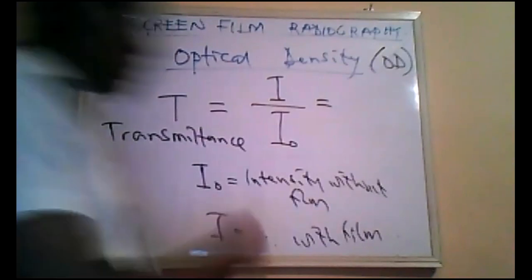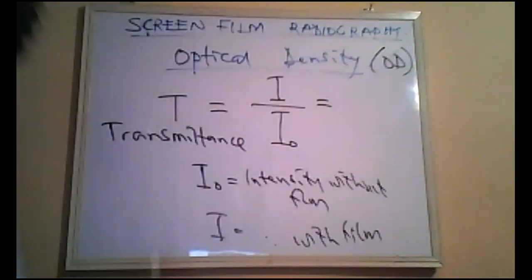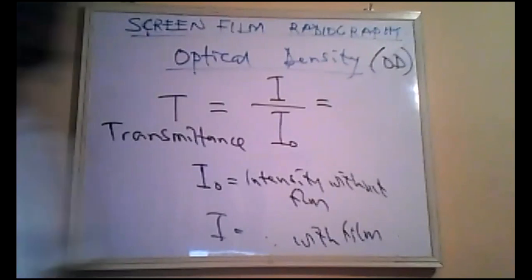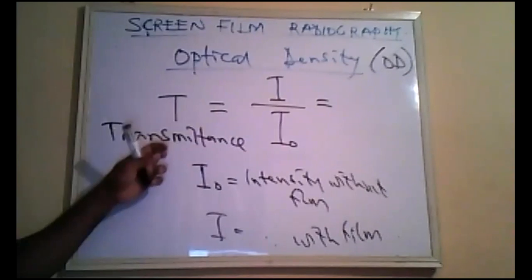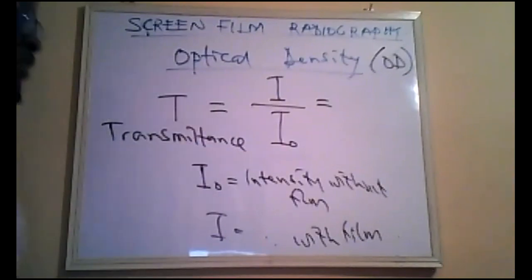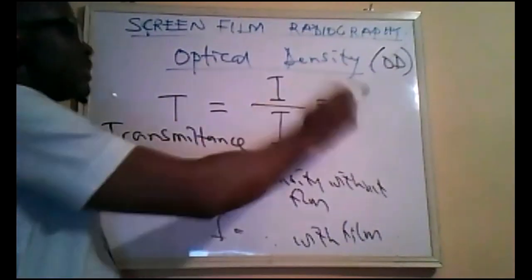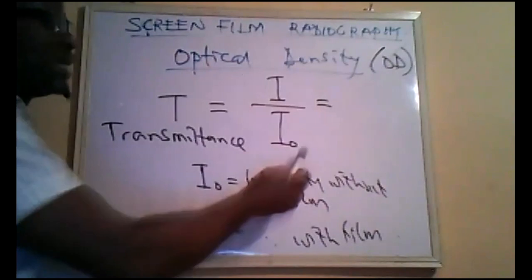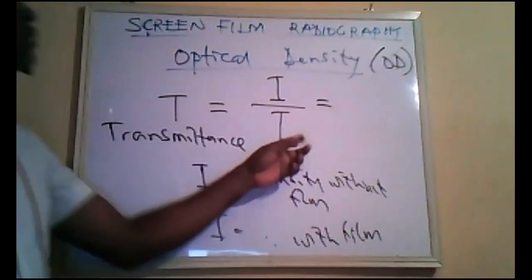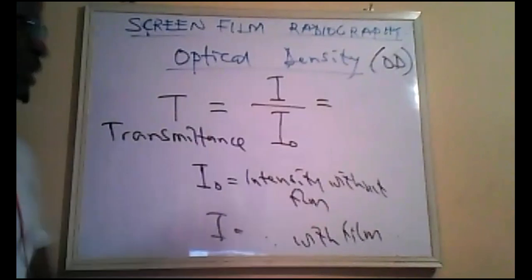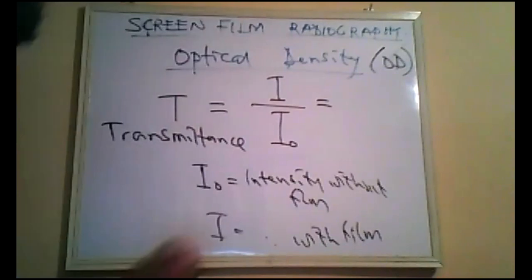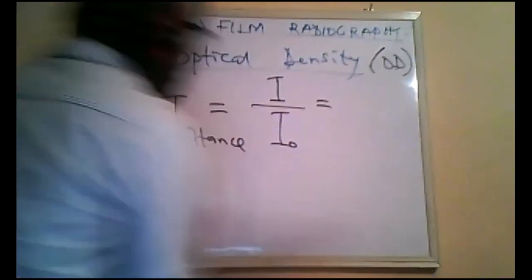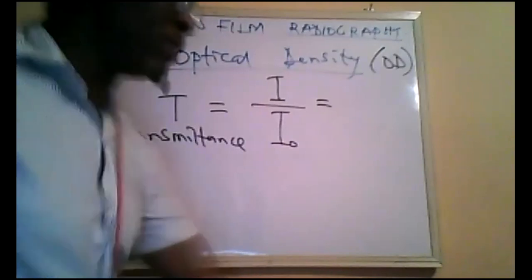We actually want to develop the formula for calculating the OD of a particular film. So it starts from here, transmittance. The amount of light a particular film can transmit, over the light it can transmit without the film. If you just compare these two, that is going to give us the transmittance of that film. So the optical density is actually related to this value.